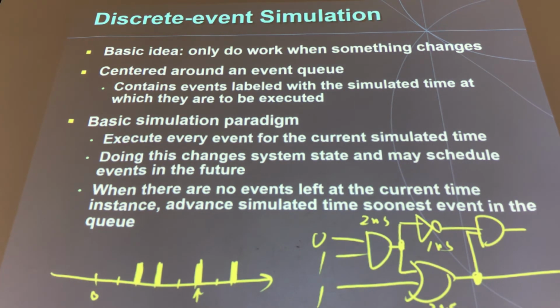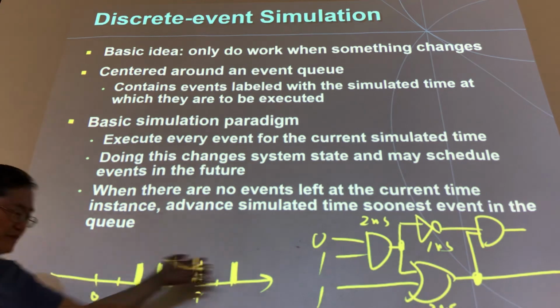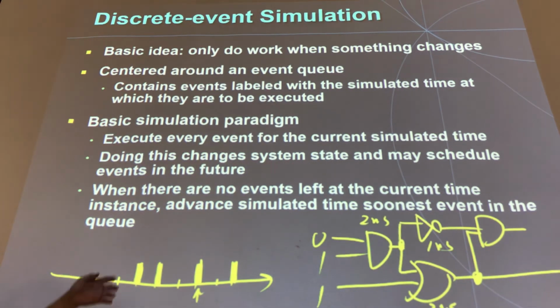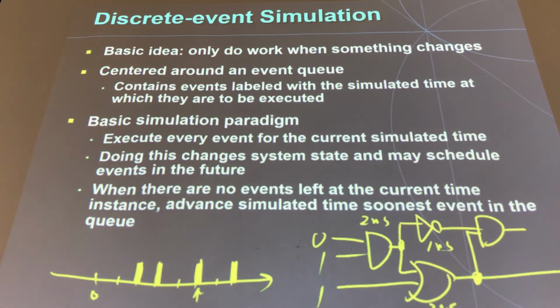So on and so forth, until every event is done for the simulation. Then we can look at the output for the result. So the idea is that it's centered around an event queue, containing events labeled with the simulation time at which they are to be executed.